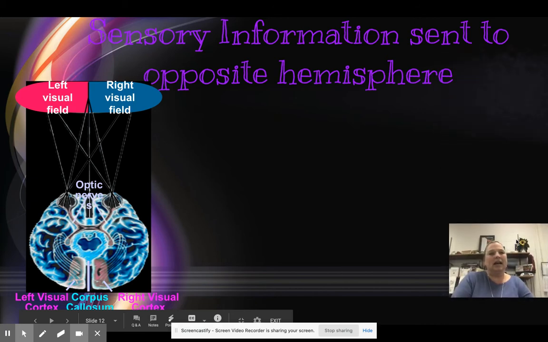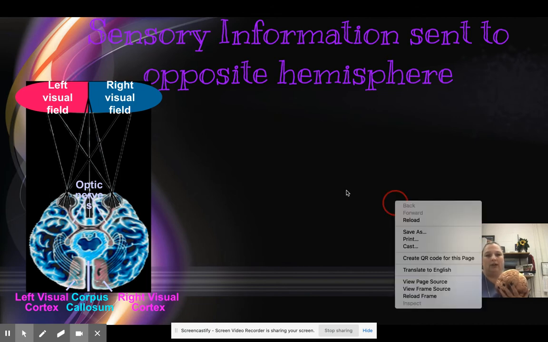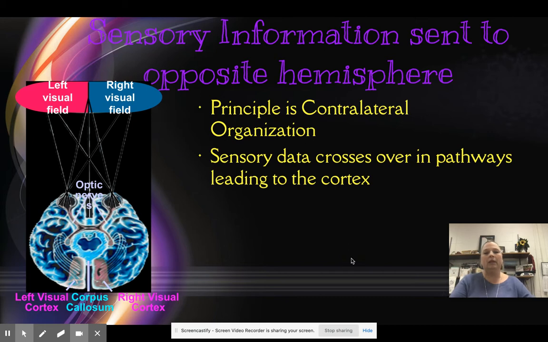Okay, this talked a little bit about how our brain crosses over. You have probably heard this, but you basically cross over in your hemispheres. It's called contralateral, meaning it crosses over. Sensory data crosses over in pathways leading to the cortex.